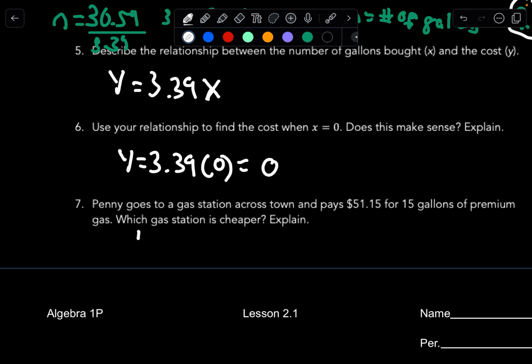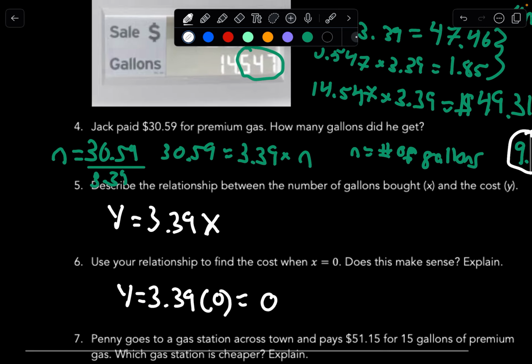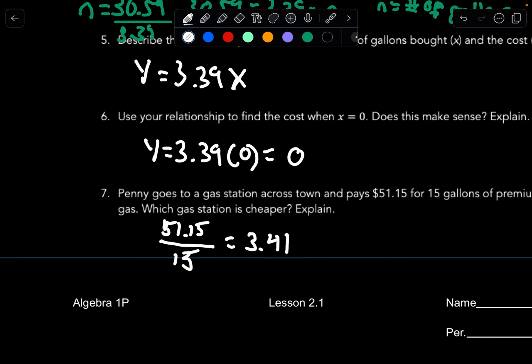So that would be 51.15 divided by 15, and that works out to be 3.41. Okay, 3.41 is not cheaper. This is dollars per gallon.